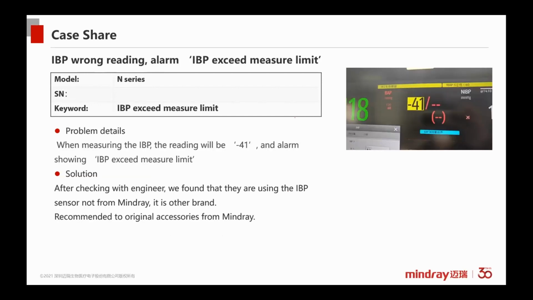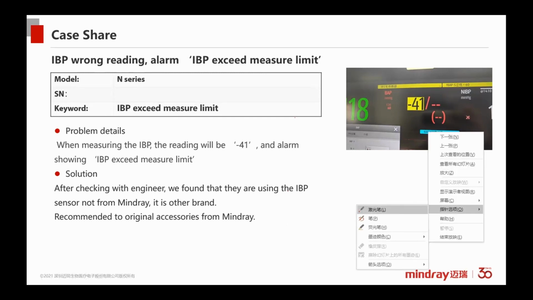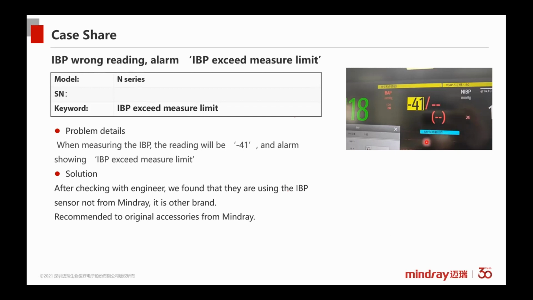So this problem will not appear anymore. The second one is the IBP reading we saw in China. The alarm shows that the IBP exceeds the measure limit. For example, here the IBP reading is -41, and we also have an alarm showing the IBP exceeds the measure limit. After checking with the engineer, we found that they were using a compatible accessory from other companies, not from Mindray.